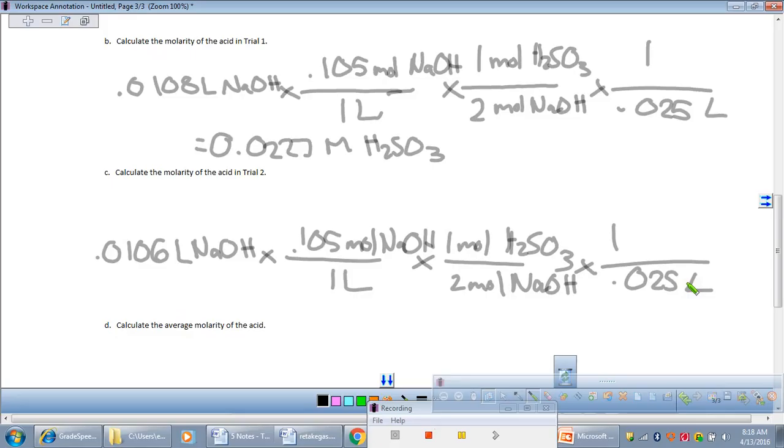So plug that into your calculator. And you should get something very similar to the first trial, but a little bit different, 0.0226.